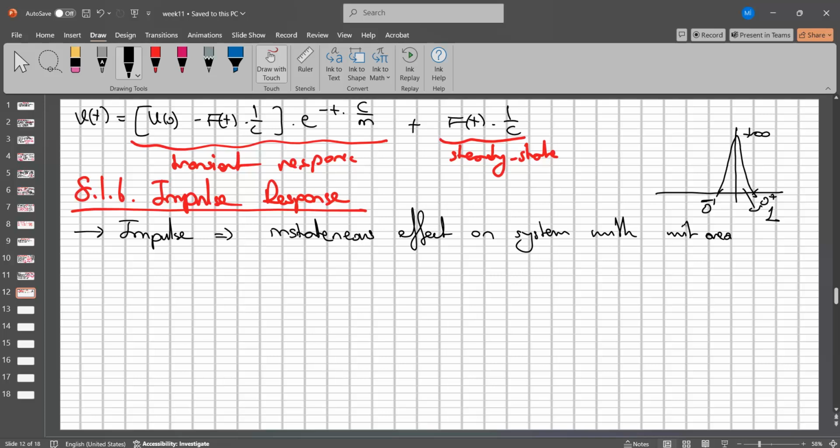So, what's the purpose of the impulse? Why do we need to use that? We can see the effect of the input. We can see the output from this input signal.